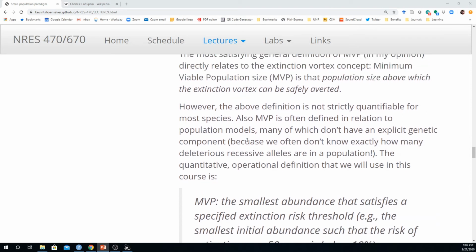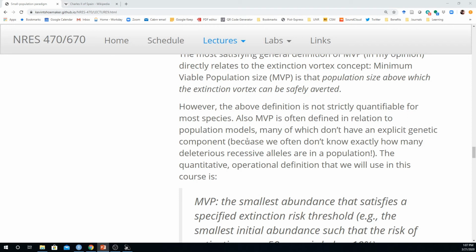However, that definition isn't quantifiable in many cases, because it relies on inbreeding, which is tough to quantify for a lot of species unless we have lots of data on their genetics and parentage, and can understand how inbreeding affects the population. It's not quantifiable that way because we just don't know.